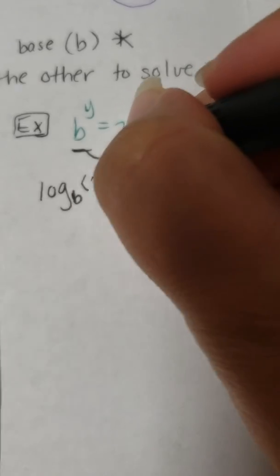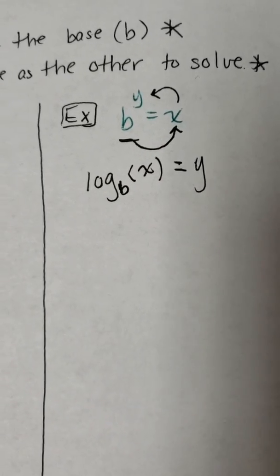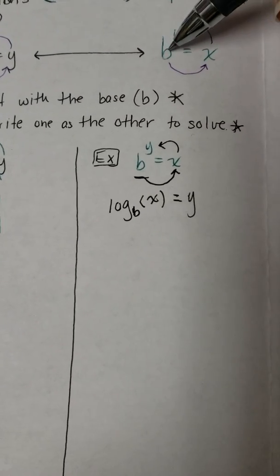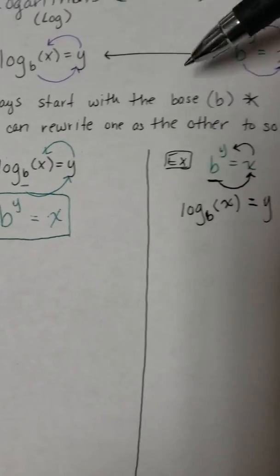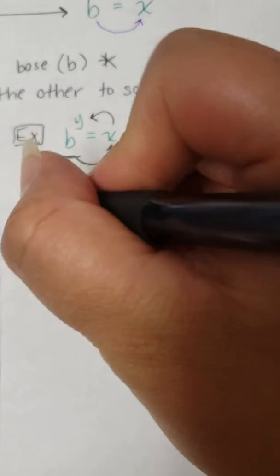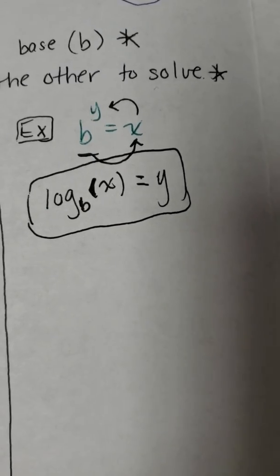So that x goes in parentheses, equals, come back around, y. And that's it. And if you look again at the diagram, it's the same thing. So we have b, goes around, x, goes around, y. And that would be my answer for this one. Okay, that's a parentheses, just in case you were wondering.